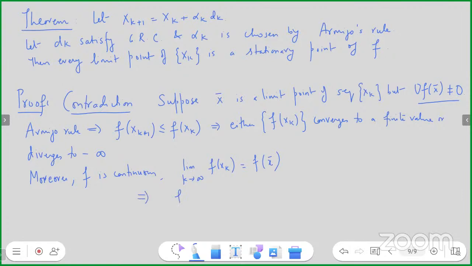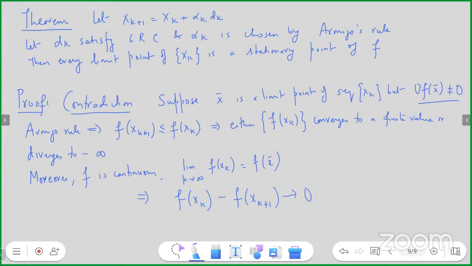That f(x_k) minus f(x_{k+1}). What is happening to this sequence? Yes, because this is going to a finite value, this is going to 0. This is really the punchline of this proof: you're converging to a non-stationary point, but still this is happening.